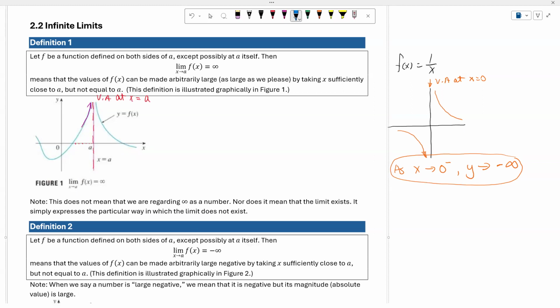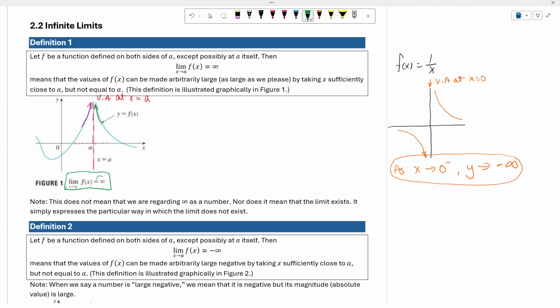On the other hand, as x approaches a from the right-hand side, the function output is getting bigger and bigger, again to infinity. So in this case, we will say that the limit as x approaches a of f of x equal to infinity.